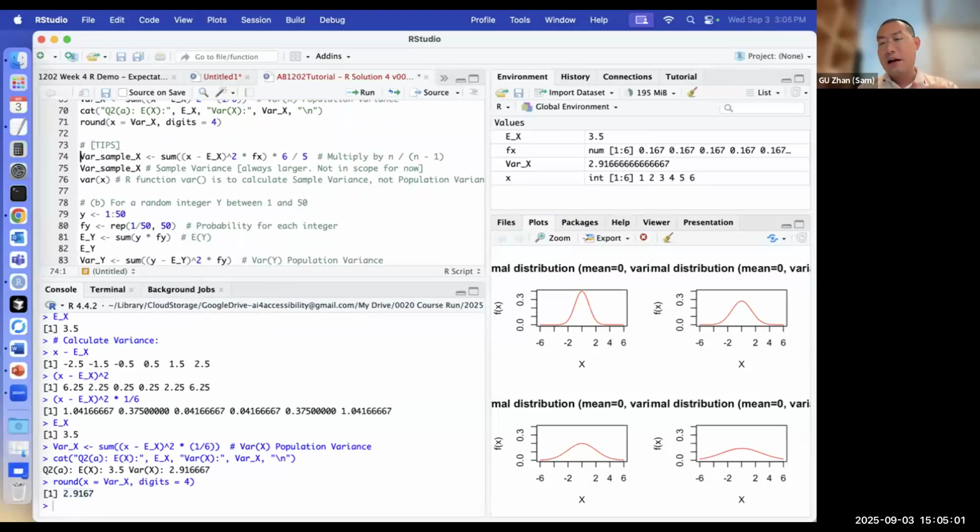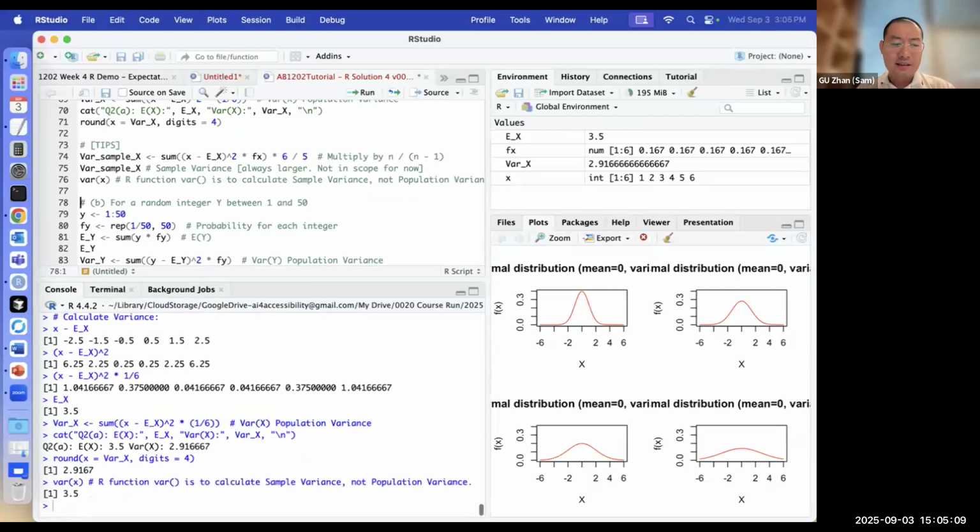In the meantime, we're all calculating population variance. There is an R function called VARX, but VARX is calculating the sample variance. It's not a population variance. It will give you 3.5.